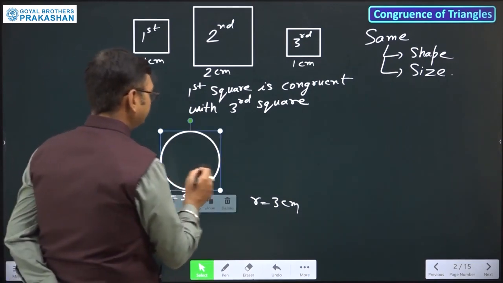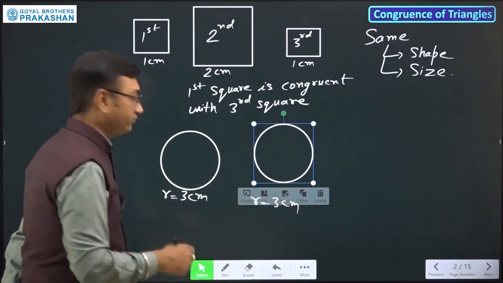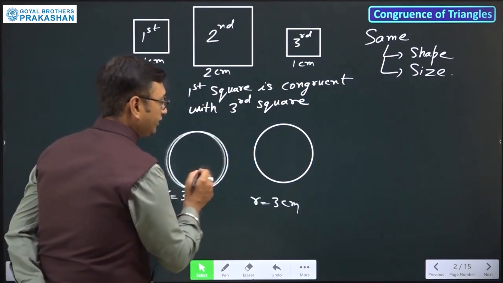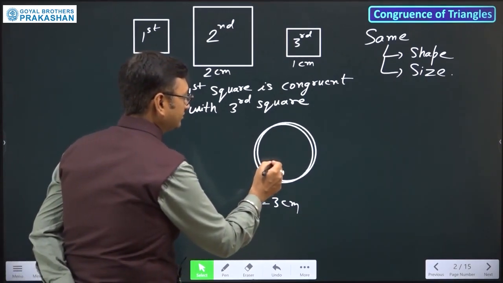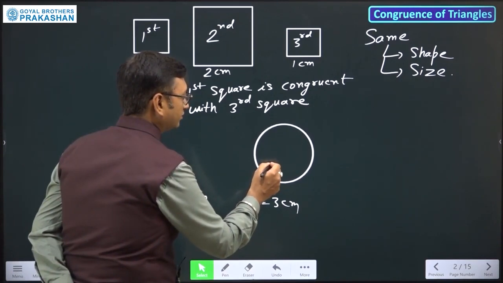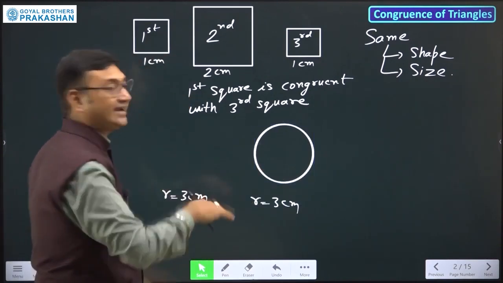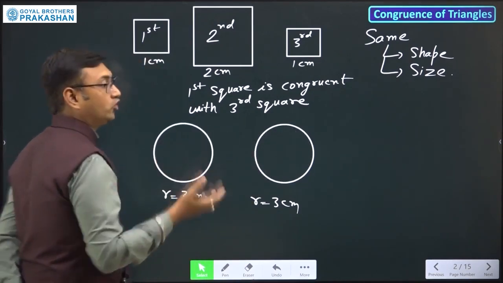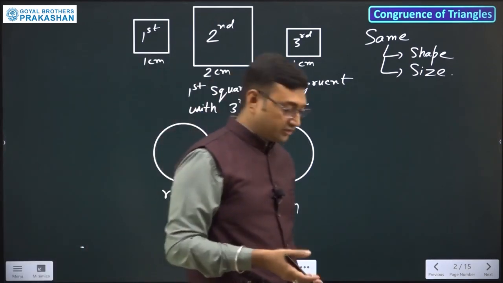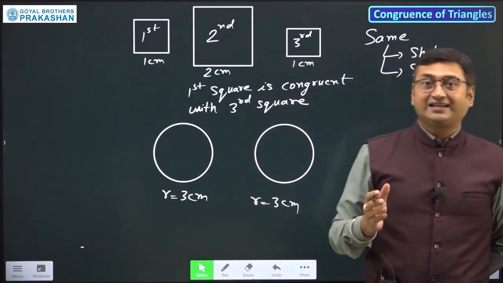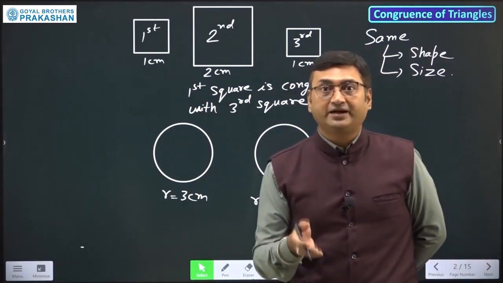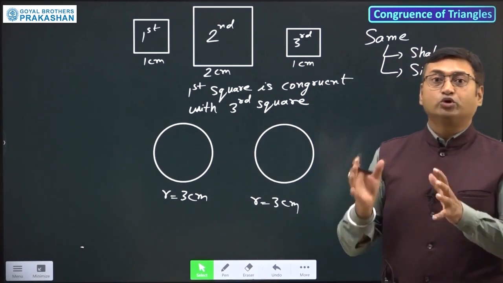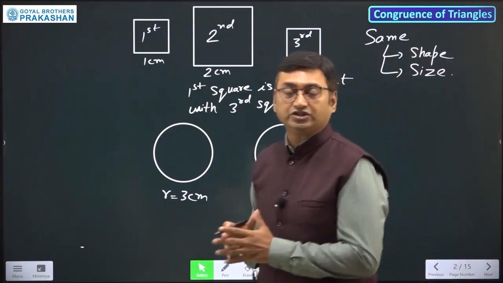In the same way, if I put the first circle on the second circle, it is also exactly overlapping each other. So it means they both are congruent. It means both the figures should be exactly same in all respects. Then only we can say both the figures are congruent to each other.